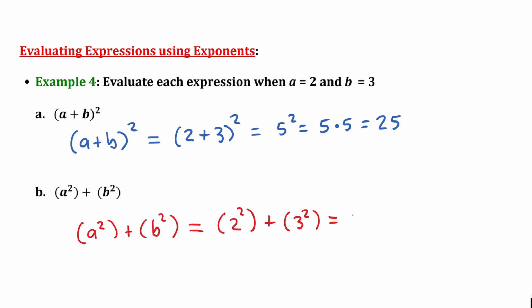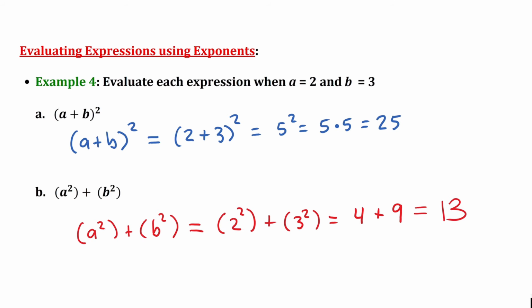Okay, well, 2 squared is 4, and it's plus 3 squared is 9, because 2 squared is 2 times 2, which equals 4, and 3 squared is 3 times 3, which equals 9. 4 plus 9 gives us a solution of 13.